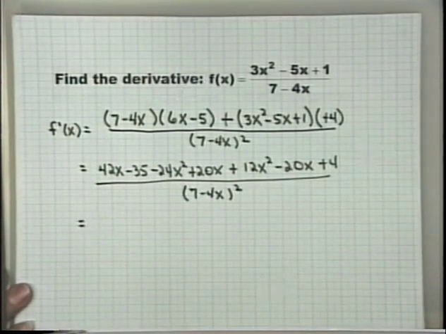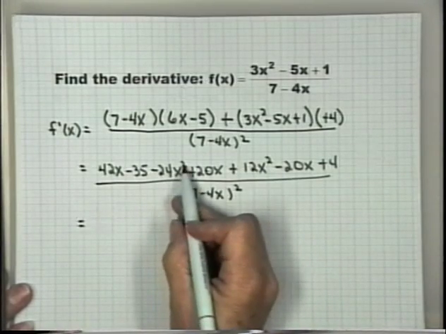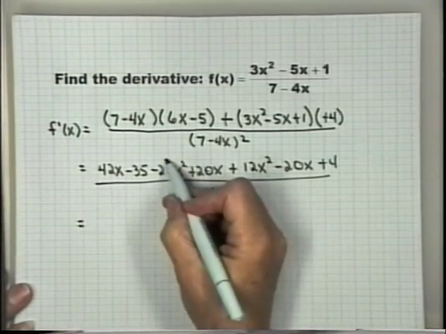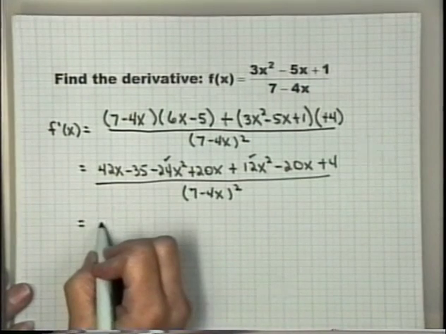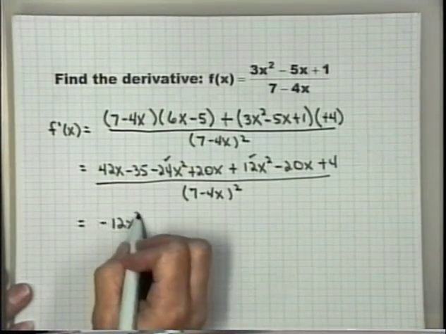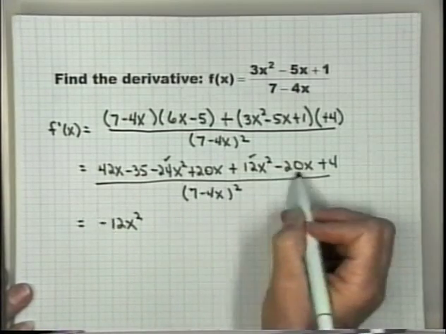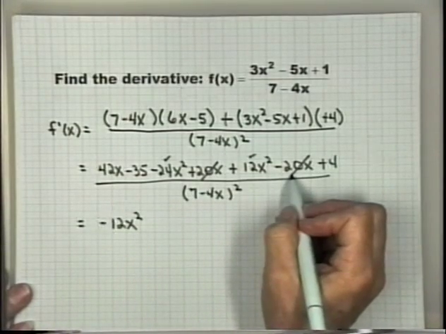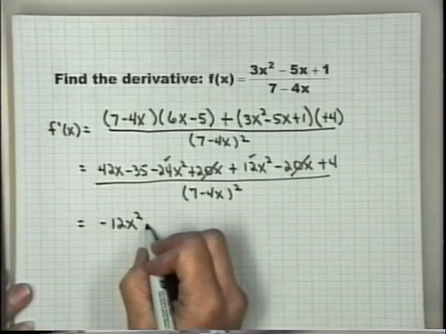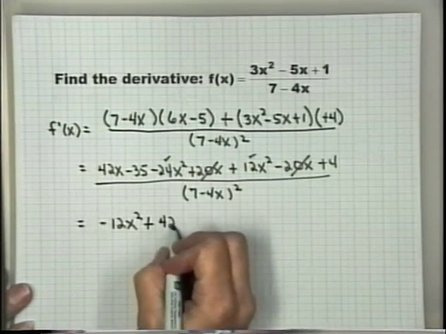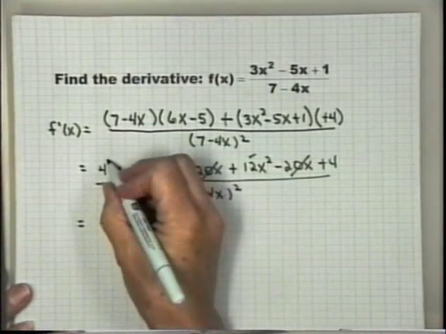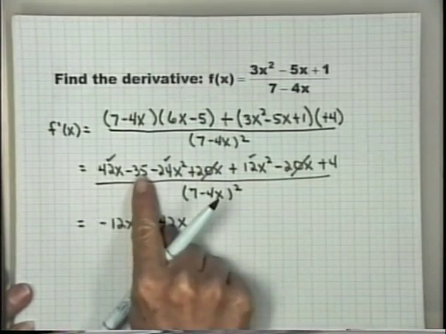Now let's see if we can get our like terms. Negative 24x squared plus 12x squared. Let's add those two together. We'll get negative 12x squared. Okay? Now I notice here's a plus 20x and a minus 20x. Let's get rid of those. So we have a positive 42x left, and we've taken care of that one. We should just have constants.